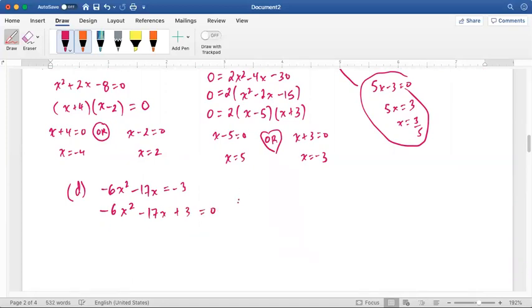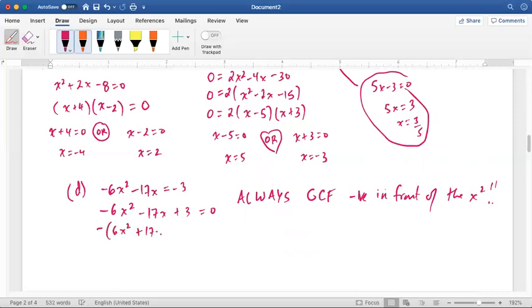Now, always GCF the negative 1 in front, and the negative in front of the x squared. That's really important. So we're going to factor out a negative because there isn't anything else that's common. We get 6x squared plus 17x minus 3 is equal to 0.